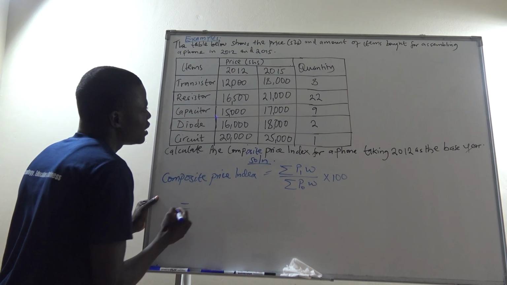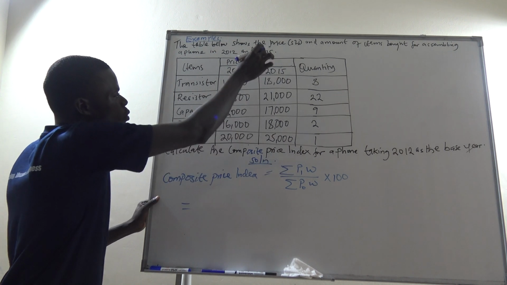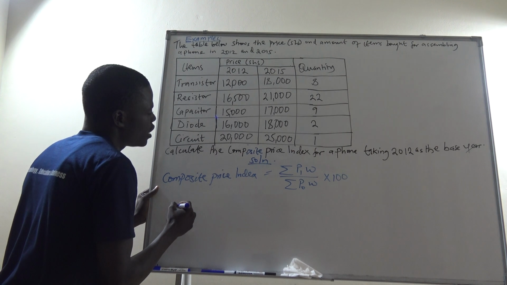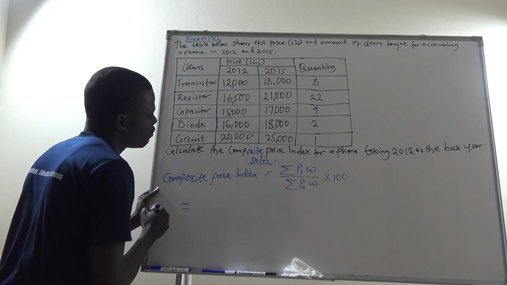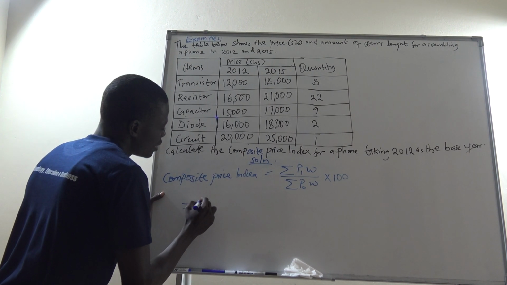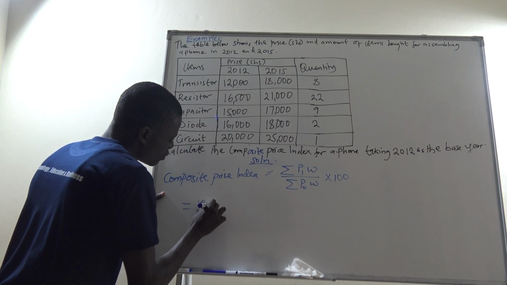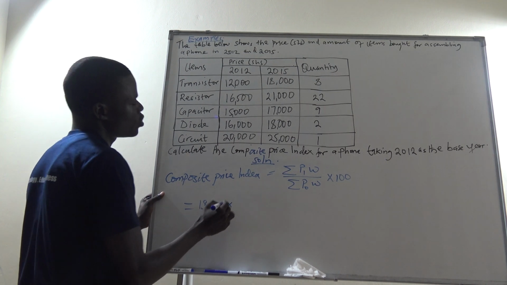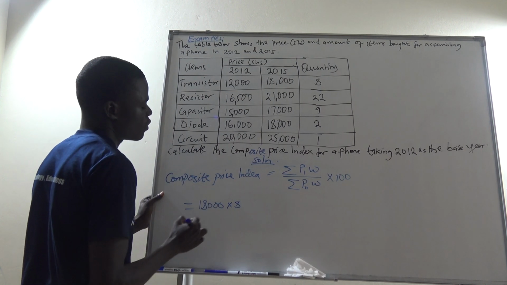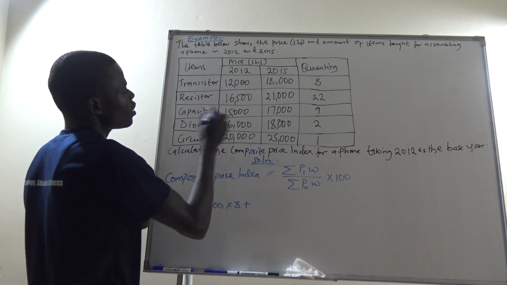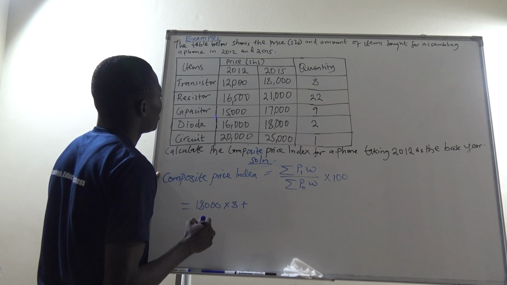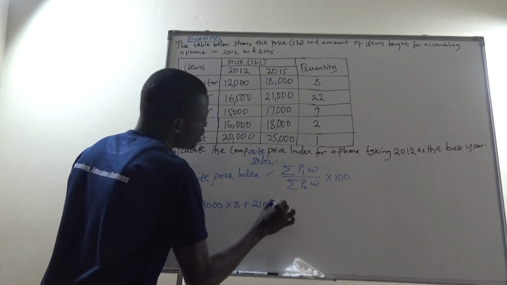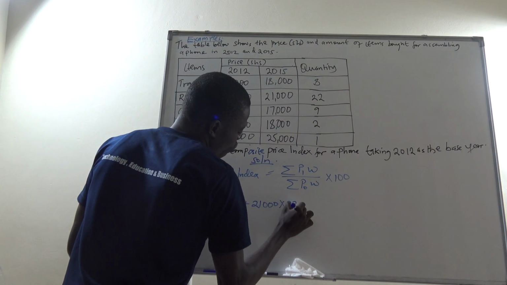So we sum the quantity times their current prices. In the current year, that is 2015, we have our first price as 18,000 for transistor times the quantity that was used, which is 8. Then plus our resistor, which is 21,000 times the quantity of resistor, which was 22.